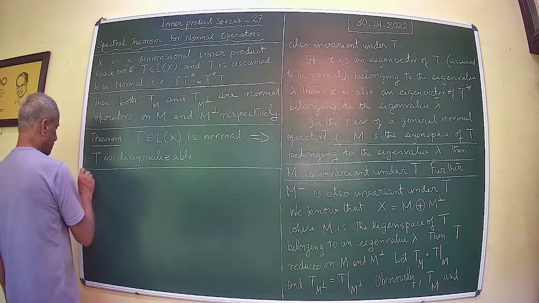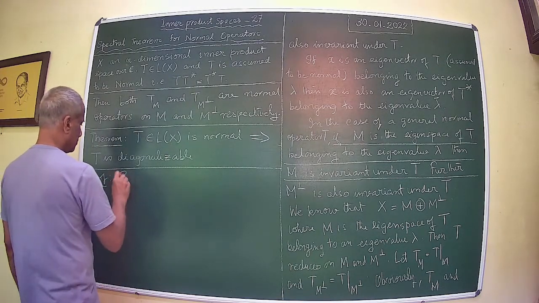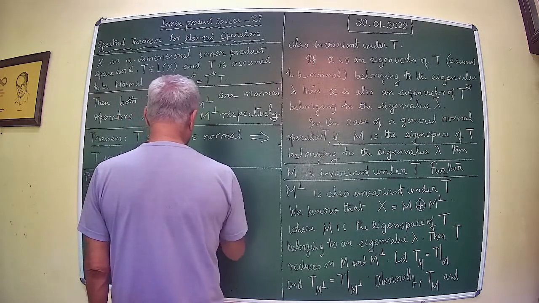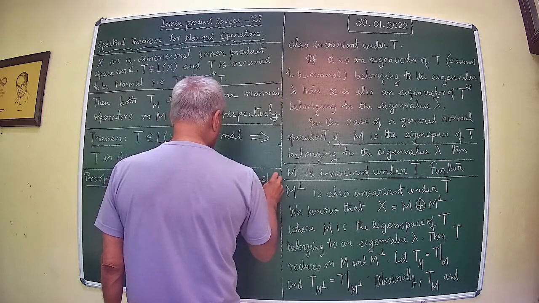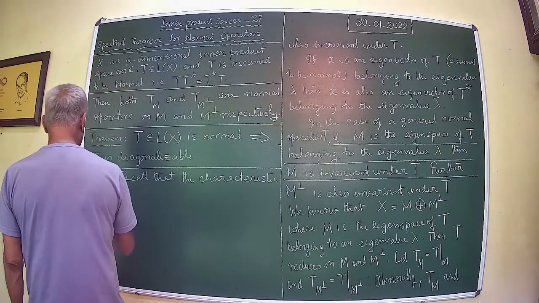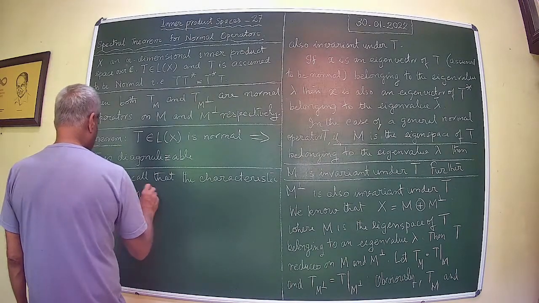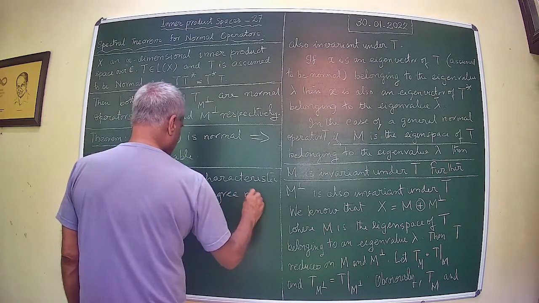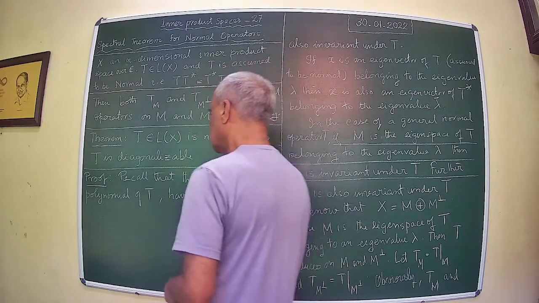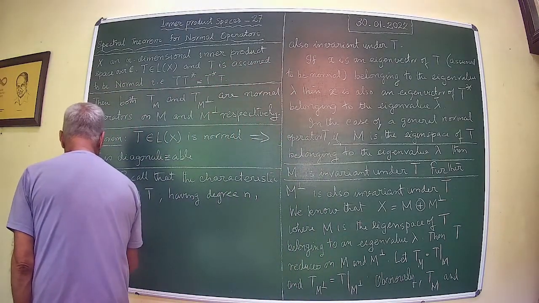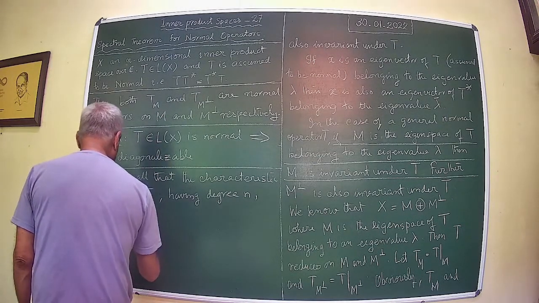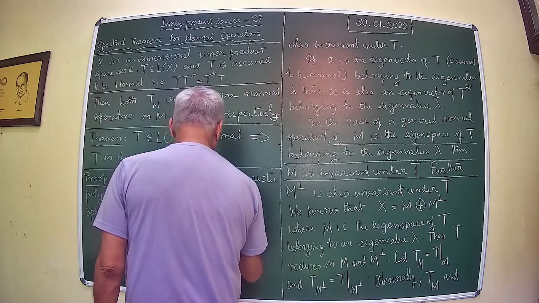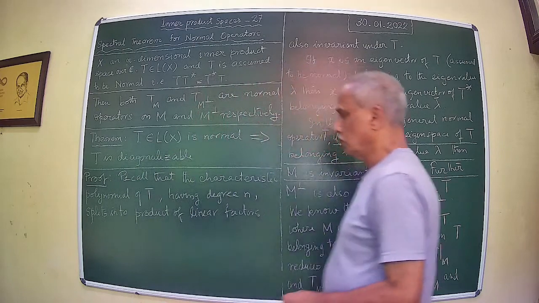So recall that the characteristic polynomial, where n is the dimension of the space, splits into a product of linear factors.